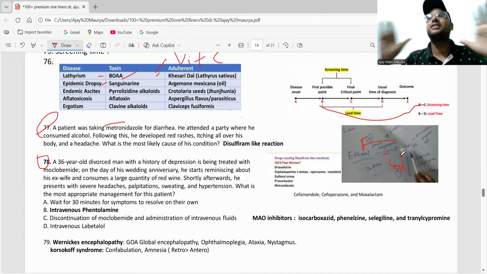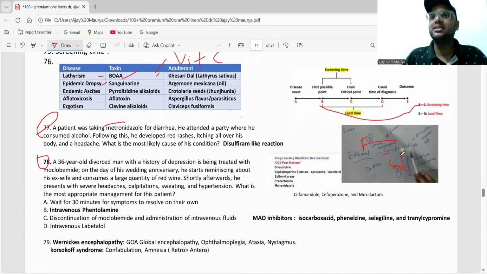It causes neurotransmitter disturbances, and the patient will get a hangover. He will get vomiting, skin flushing, headache.